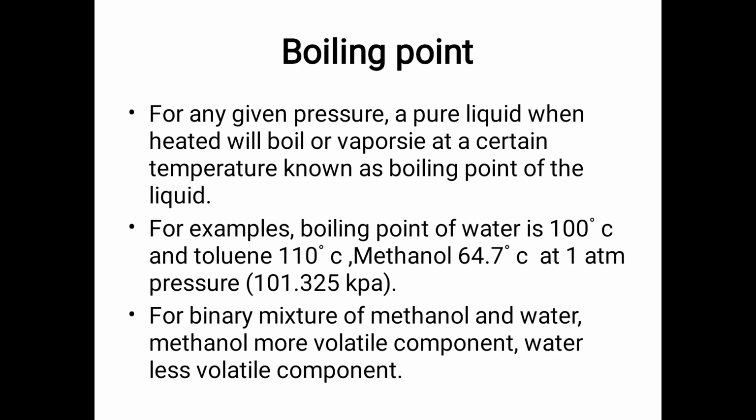For a binary mixture of methanol and water, methanol is more volatile and water is less volatile. Based on the definition, more volatile means lower boiling point and higher vapor pressure, and less volatile component means higher boiling point and lower vapor pressure.